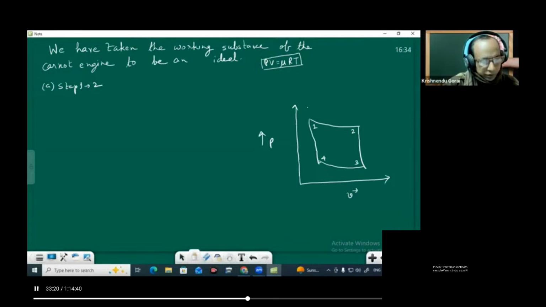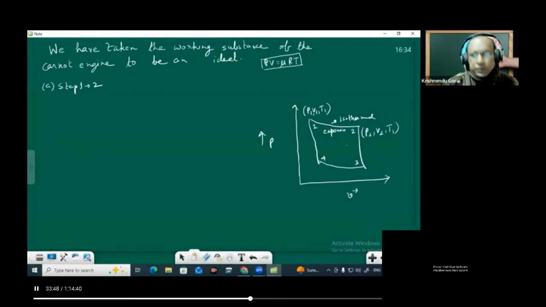And this is P1, V1, T1. And this is P2, V2, T1. This is isothermal expansion, right?